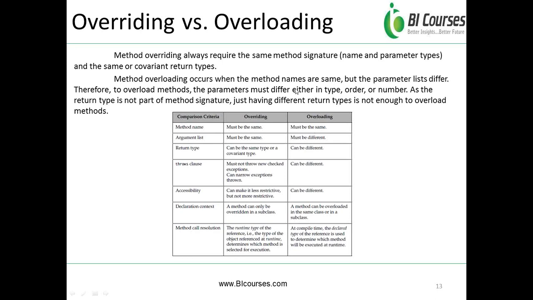In overriding, we write the same method in subclasses, whereas overloading means within the same class with different arguments. Within the same class you can have the same name but different implementation. That is known as overloading.